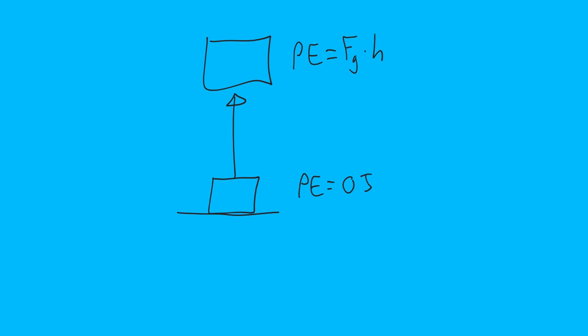If I move vertically upwards, I have been raised up a height. So I can actually write it as mgh: the mass of the object, the acceleration of gravity, and the height it was raised. And so this is the equation for potential energy.